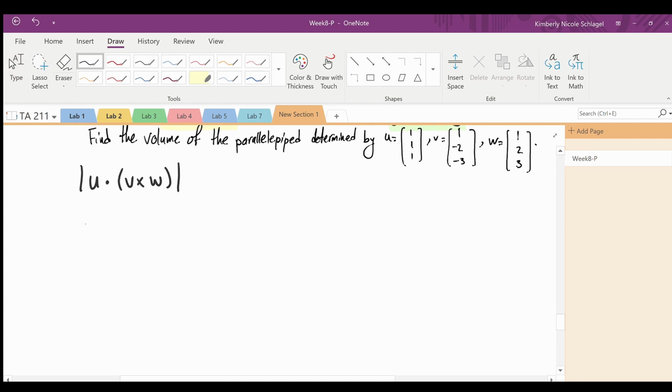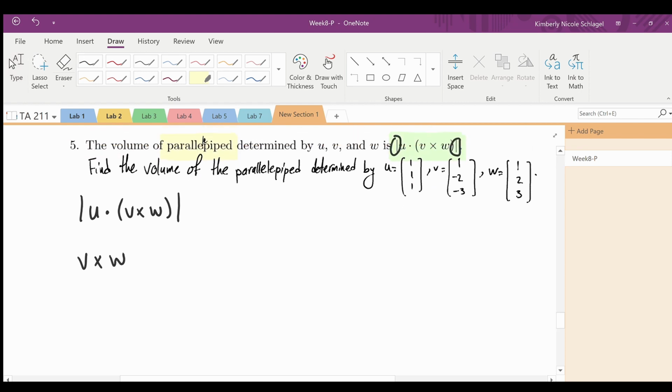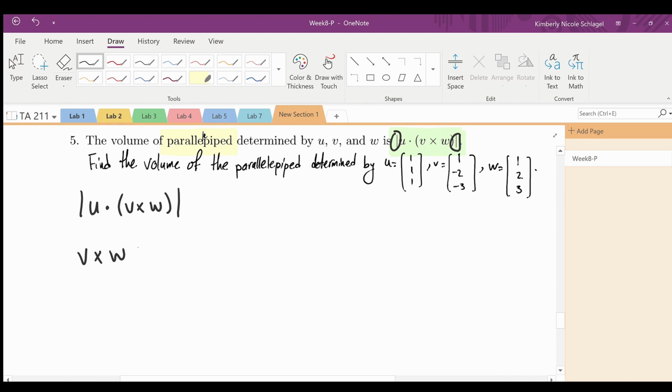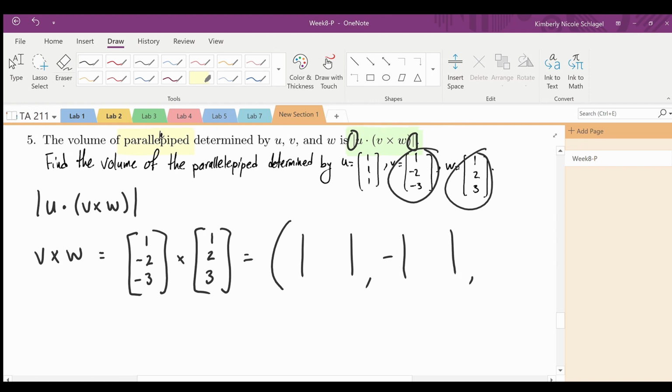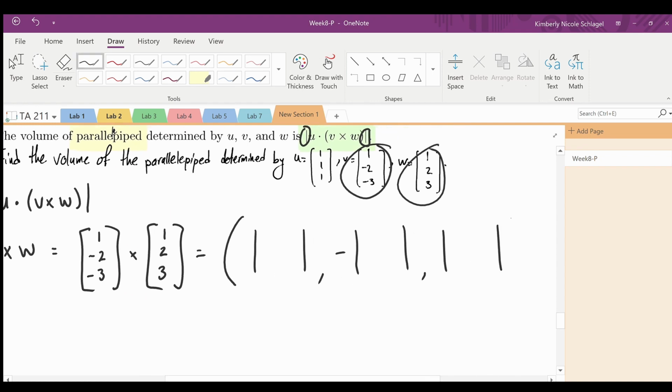So the first thing I'm going to do is V cross W. We have our V here and our W here, so we have 1, -2, -3 crossed with 1, 2, and 3. I'm going to write out our basis here.